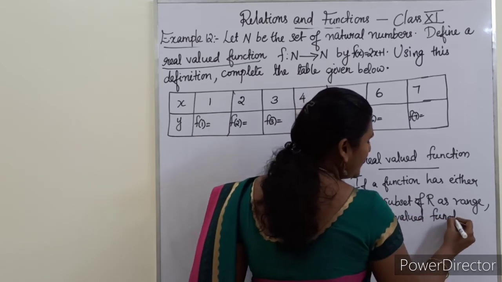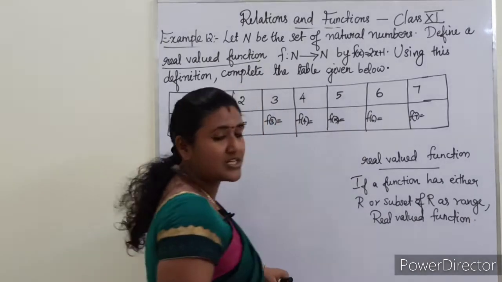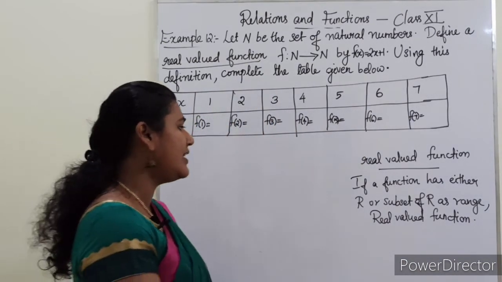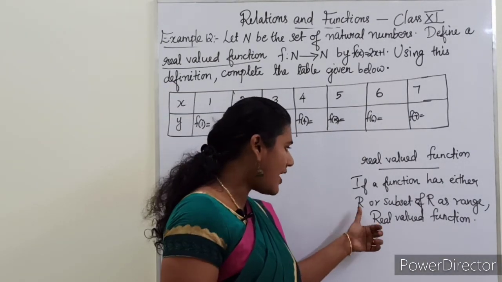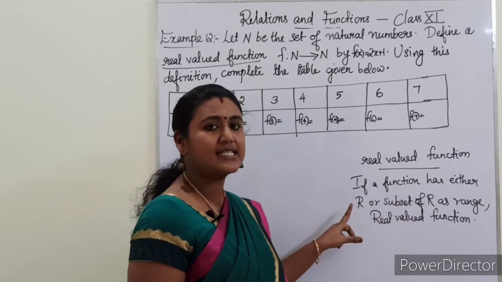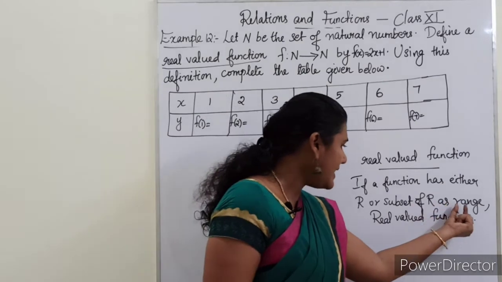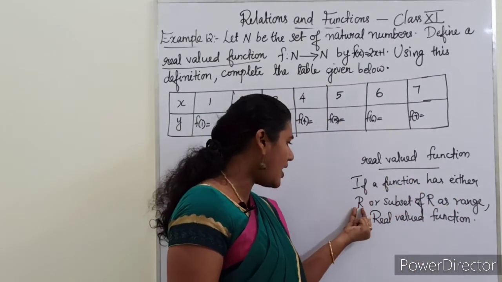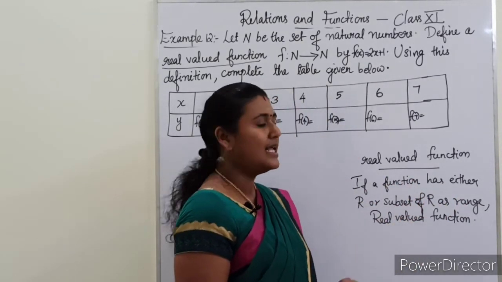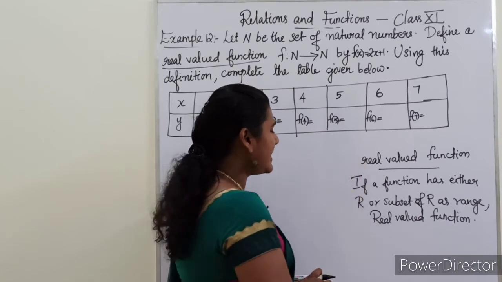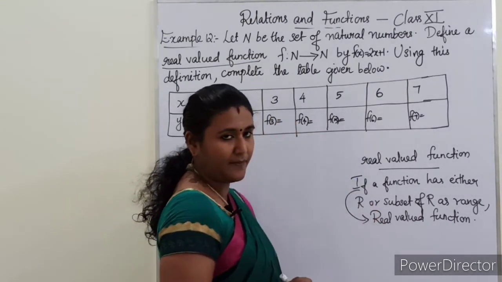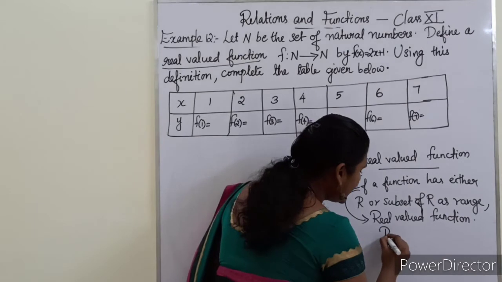R is a collection of real numbers, the set of all real numbers. If the range of the function is R or a subset of R, then we can call that function a real valued function. And we have one more function, the real function.